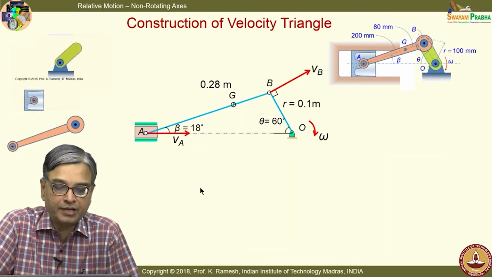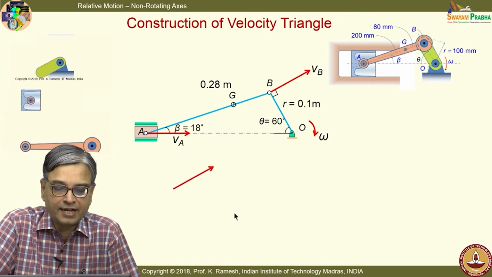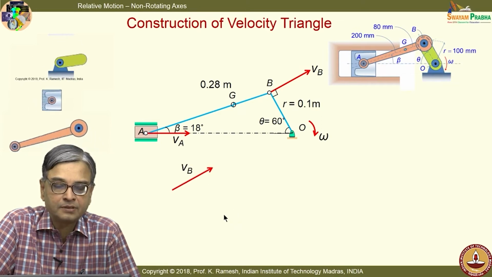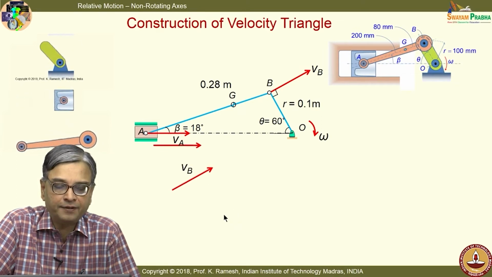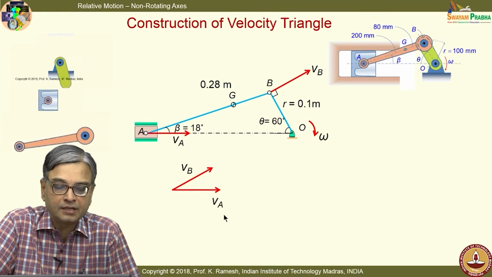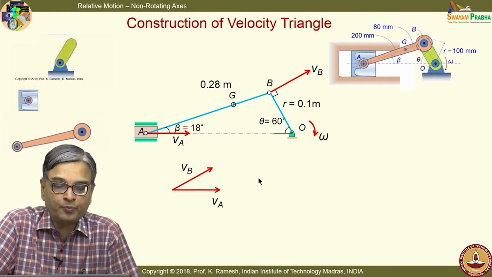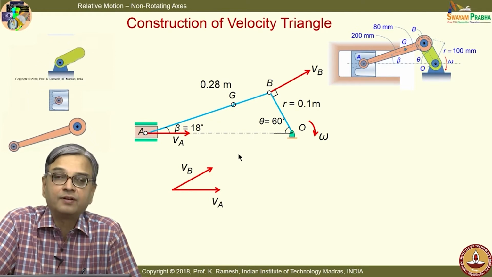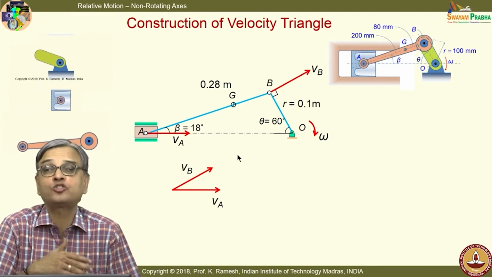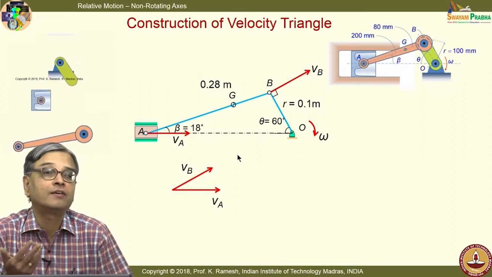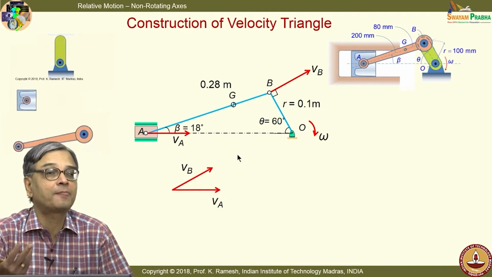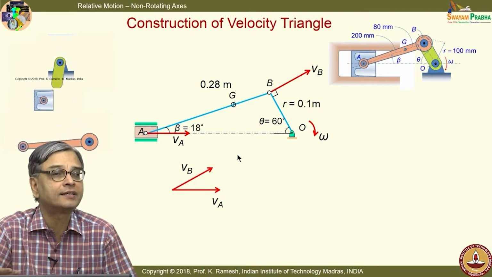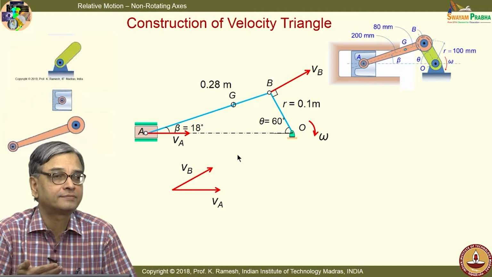So, I put the velocities, I have Vb, I have Va, and I have to put Vab perpendicular to this, and one can also guess the direction of the velocity of A with respect to B, because it has to close the polygon.